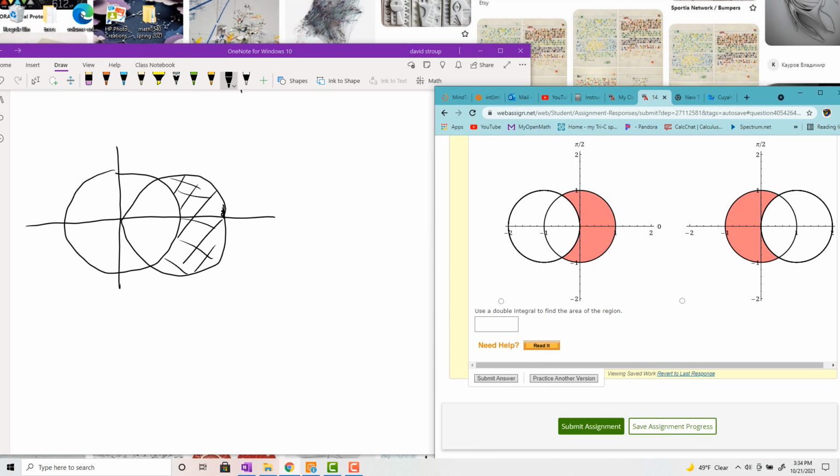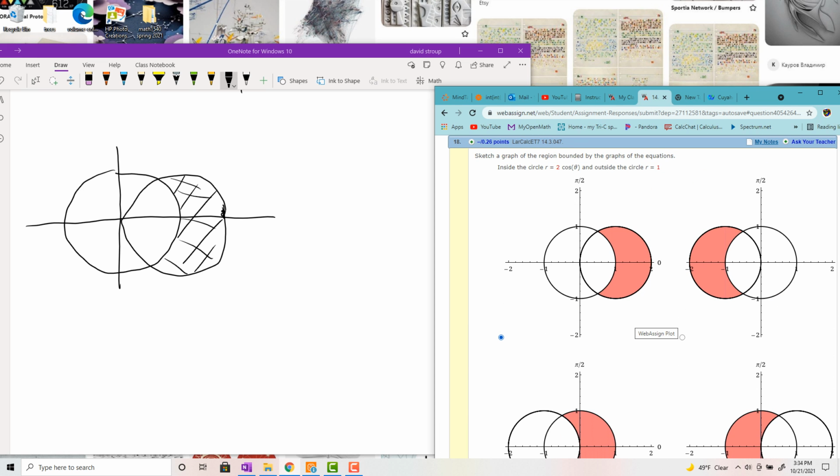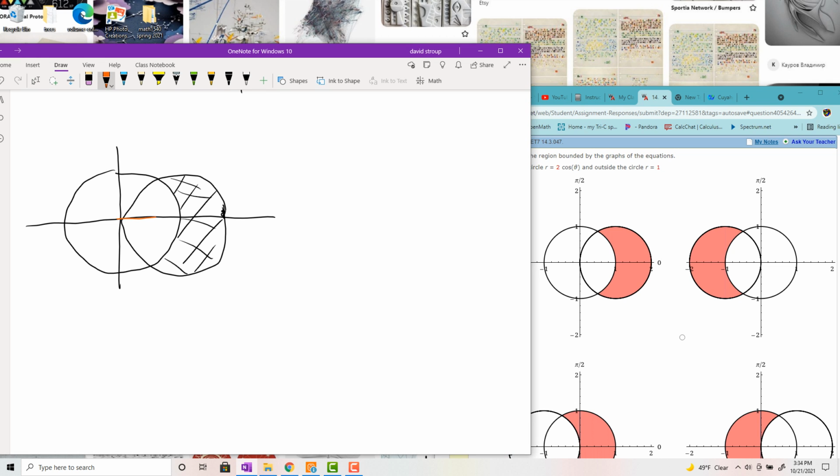Yeah, so use a double integral to find the area of the region. So I'm going to cut it in half first off, because I can tell it's symmetric. So I can start with theta equals 0 to theta equals whatever this point is. The curves, you could put those on your inner integral.